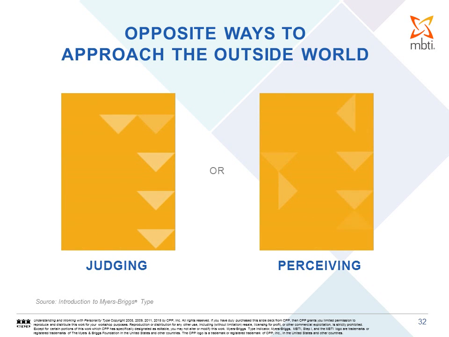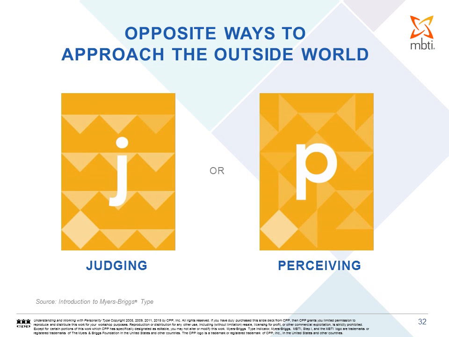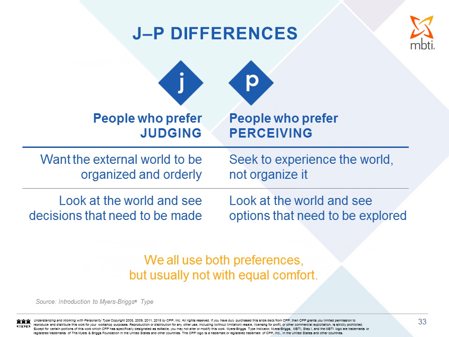So let's move now to the dichotomy that focuses on how we approach the outside world. So that's judging or perceiving, J or P. So some of the differences between people who prefer judging and people who prefer perceiving.